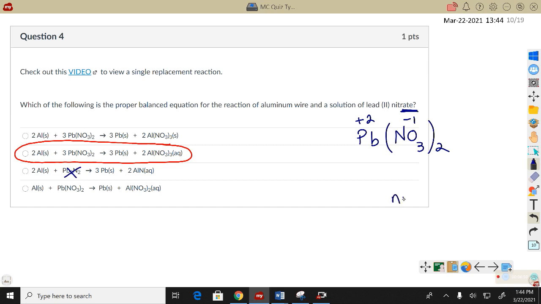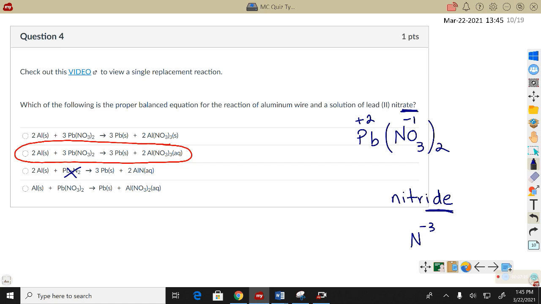That might be nitride. Nitride with the IDE ending is just regular nitrogen, and its charge is -3. And so it's a legit formula for lead 2 nitride, but that's not what we got. Okay, so the other ones have the right formula for the lead nitrate.